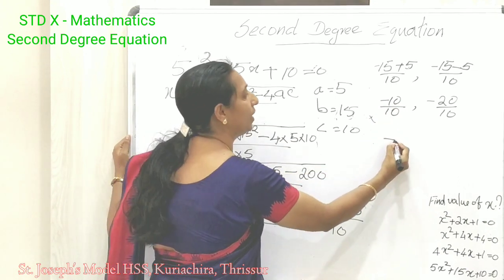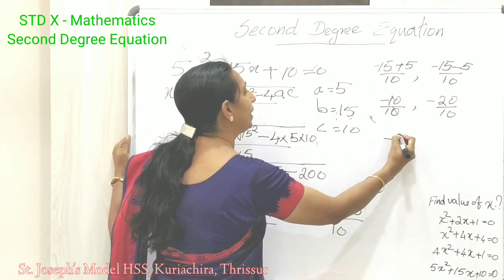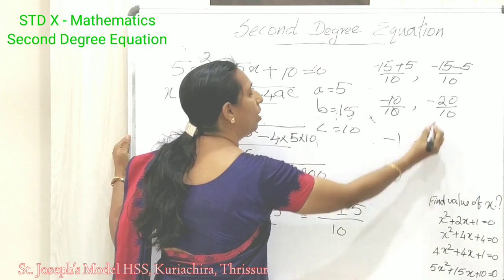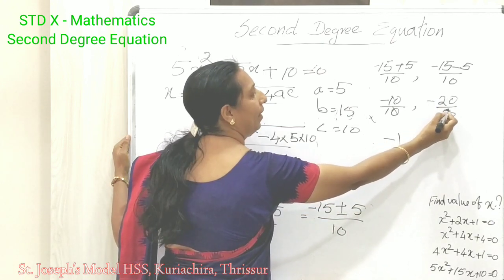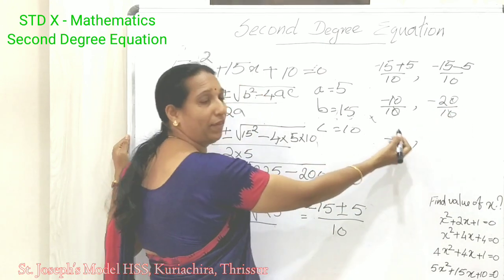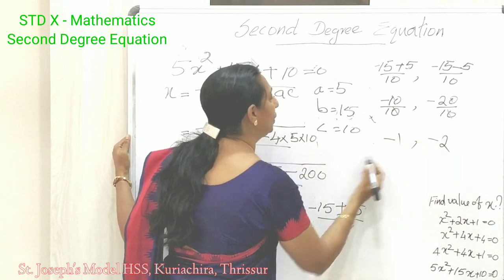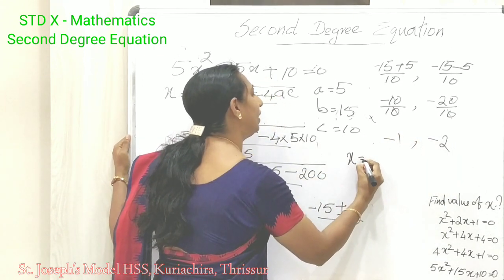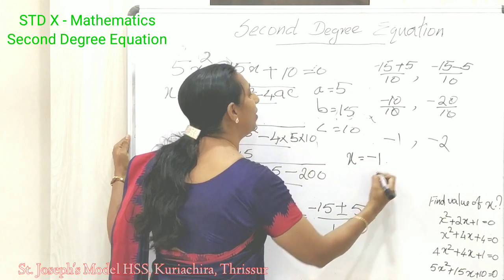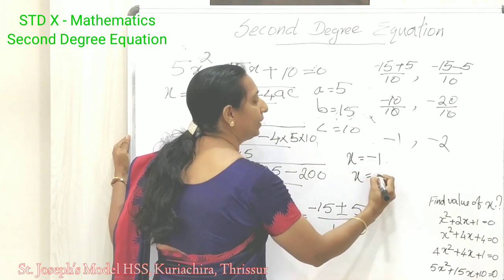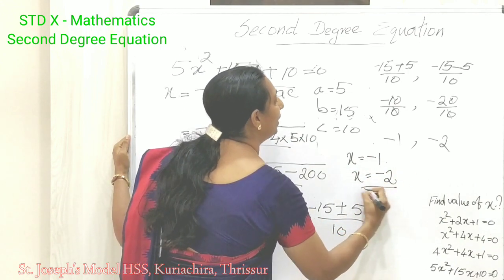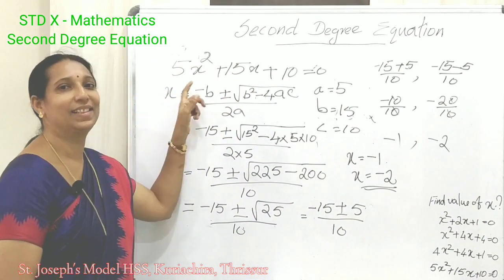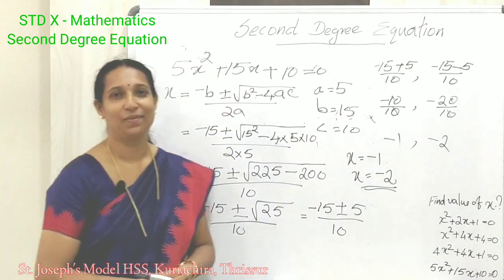What's the answer? Cancelling, that is equal to minus 1, comma, minus 20 by 10, cancel here, that is minus 2 by 1, equal to minus 2. So the value of x is minus 1, and the other answer is minus 2. This is the answer of this equation. Okay.